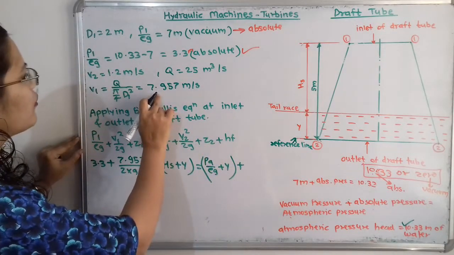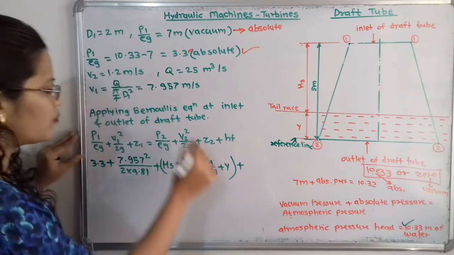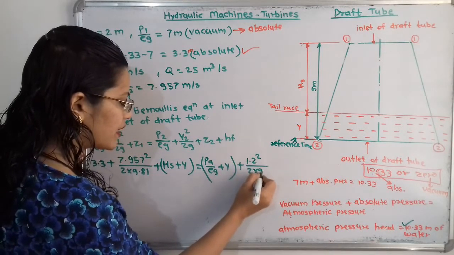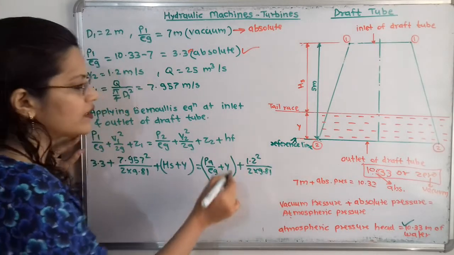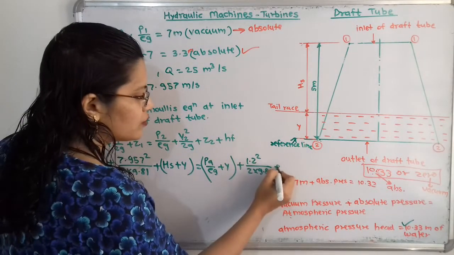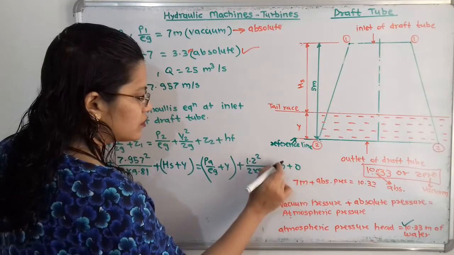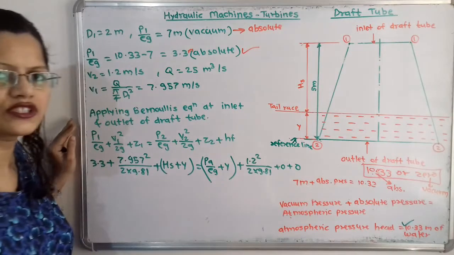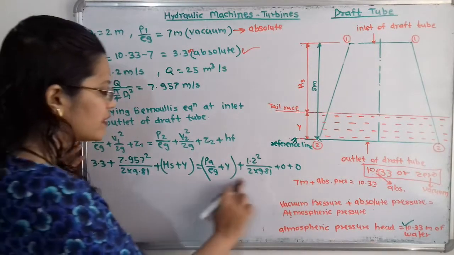What is the value of V2? V2 is 1.2, so I will take 1.2 square by 2 into 9.81. Now what is Z2? Z2 is 0 and HF is also 0, because the reference line for Z2 is passing through this section 2. So this is our equation.